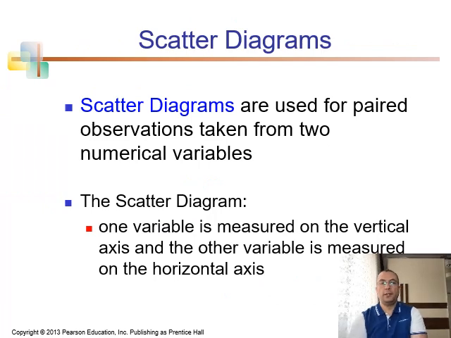Now the last thing for this course is a scatter graph. I think this is one of the most important things, because scatter graphs show us the relationship between two numerical variables. We have the x-axis and the y-axis, and we see the relationship between those variables, and this is called the scatter diagram.